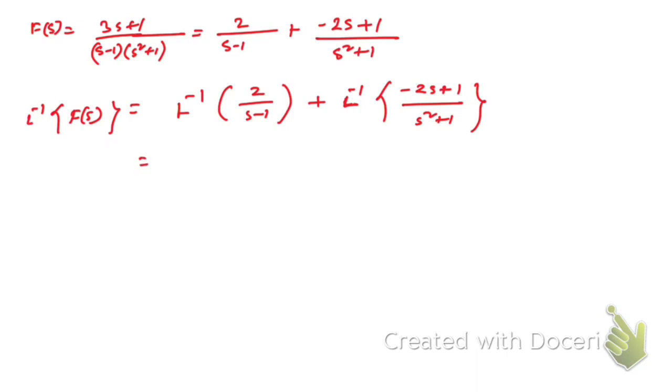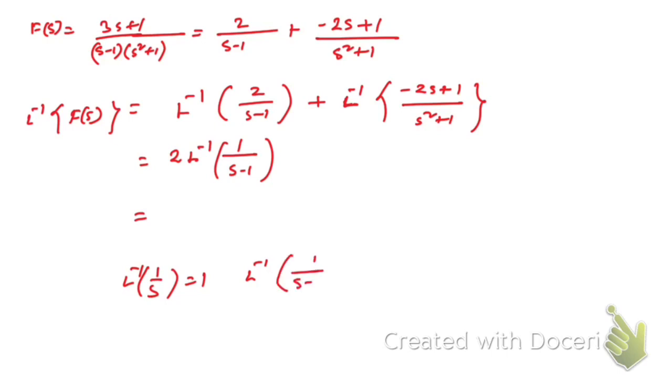So now we can write this way: 2 into inverse Laplace transformation of 1 by s minus 1. Right, so now you see inverse Laplace transformation of 1 by s is equal to 1, right? But we have now inverse Laplace transformation of 1 by s minus 1. That means this is f of s, and then this is f of s minus 1.